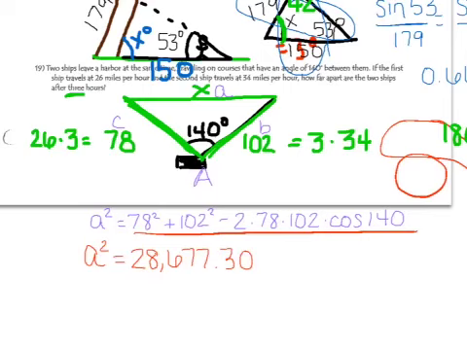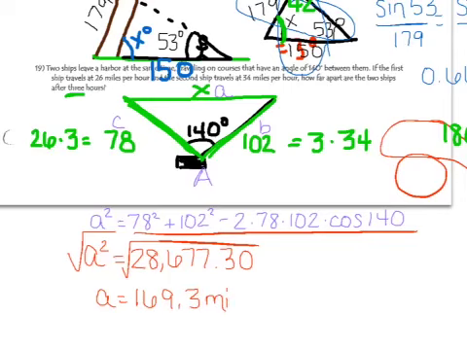And since that's equal to A squared, from there I would take a square root, and I end up with about 169.3. Which means that the distance between these ships is 169 miles. Which, looking at the numbers here, 78 and 102, the 169 for that distance does seem to make sense.